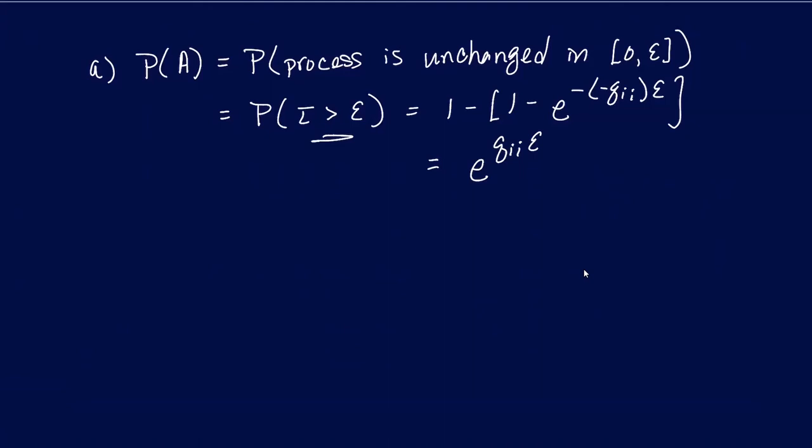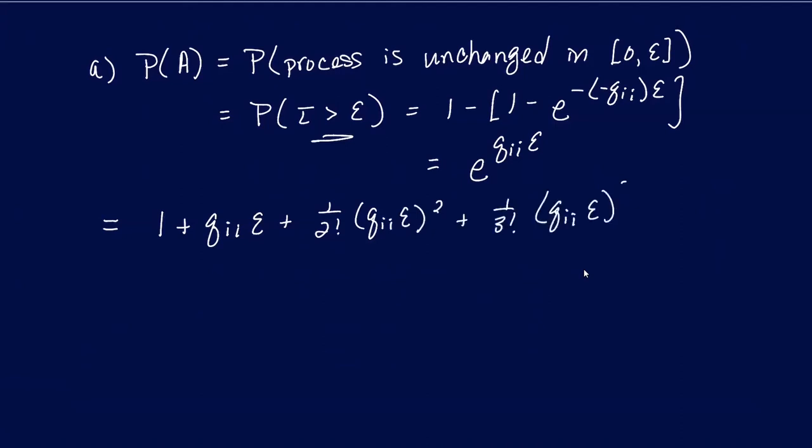So you can write this as a Taylor series expansion around 0, or a Maclaurin series expansion, as 1 plus q_ii epsilon plus 1 over 2 factorial (q_ii epsilon) squared plus 1 over 3 factorial (q_ii epsilon) cubed, etc. In this problem, we want to cut this off with a little o of h term, or in this case, a little o of epsilon squared.